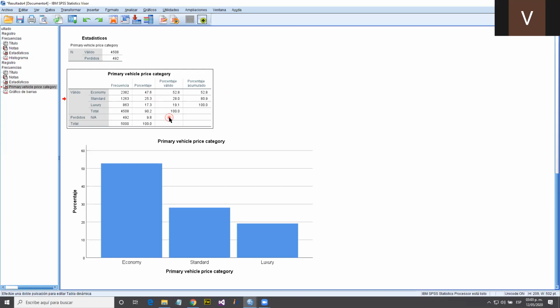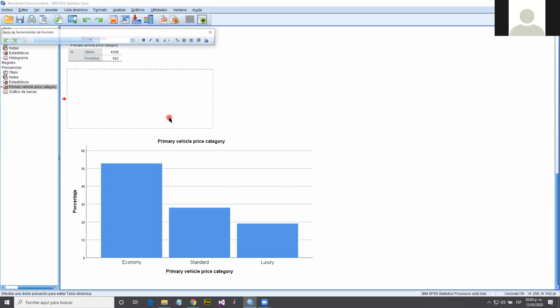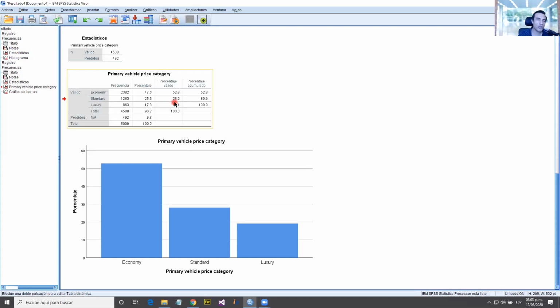All right. But like you were asking about the difference between valid percentage and accumulated percentage, yes, I will return to that one. Okay, so now, what is the accumulated one? 80.9. So this 80.9 includes economy plus standard, both of them.